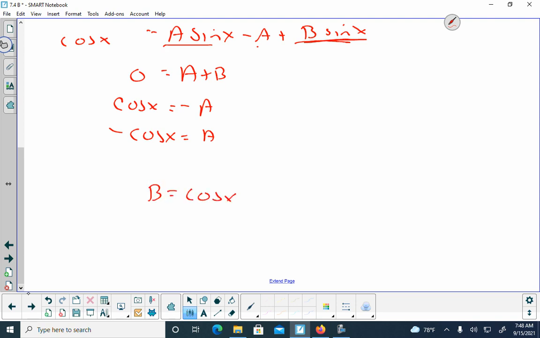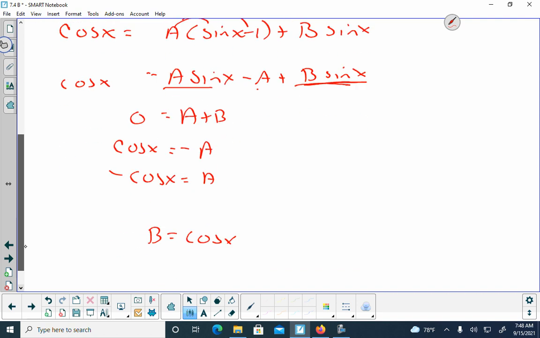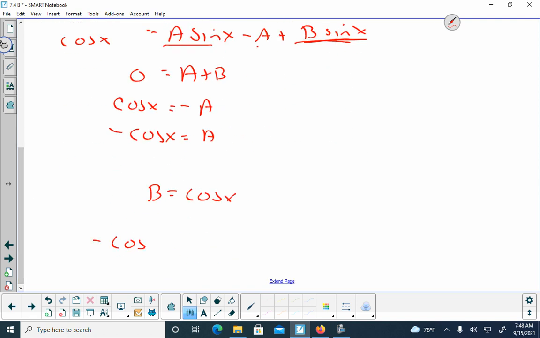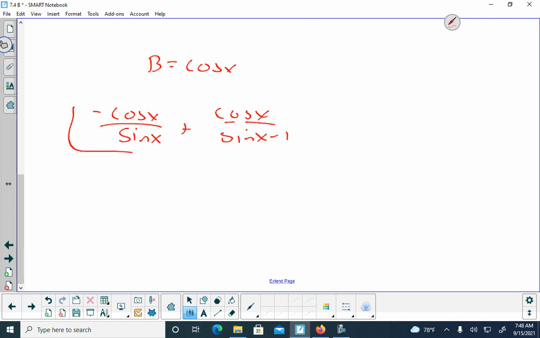So my final answer is going to be negative cosine x over sine x plus cosine x over sine x minus 1. This can be simplified to negative cotangent. You cannot simplify the other one, and that is my final answer.